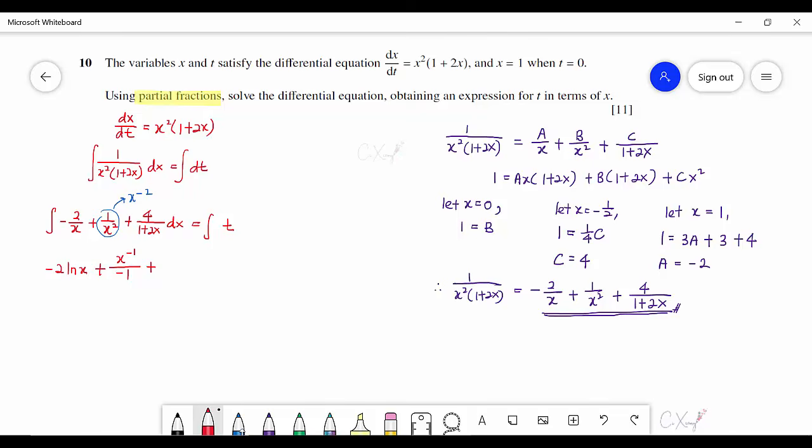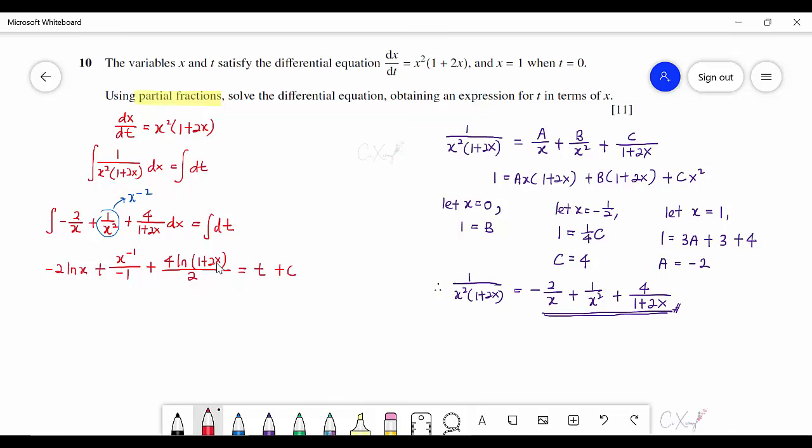And then plus 4, integrate 1 over 1 plus 2x, you have ln of 1 plus 2x divided by the differentiation inside the bracket. The differentiation of 1 plus 2x is 2, so divided by 2. And it equals to plus c.